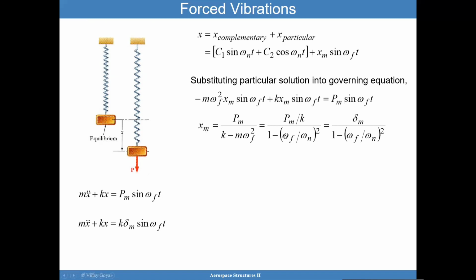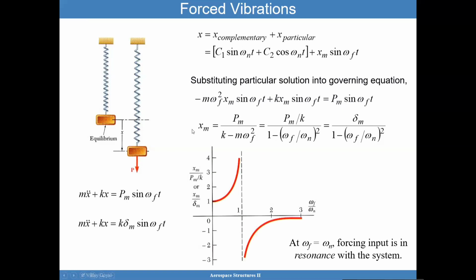And so notice how when omega f is close to omega n, this bottom denominator goes to 0. And so the amplitude, or xm here, from the particular solution side, goes to infinity. And so clearly, when omega f equals omega n, you have a resonant condition, meaning that the forcing frequency being near the natural frequency of the system causes a significant amount of motion, or amplitudes, in this particular example.